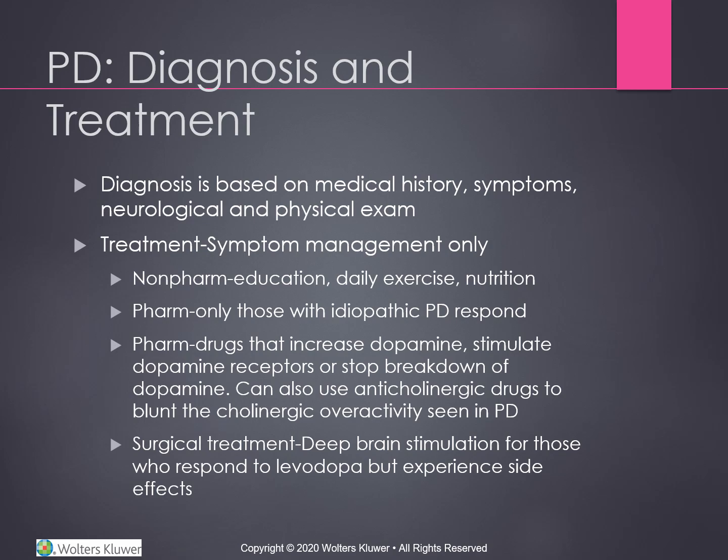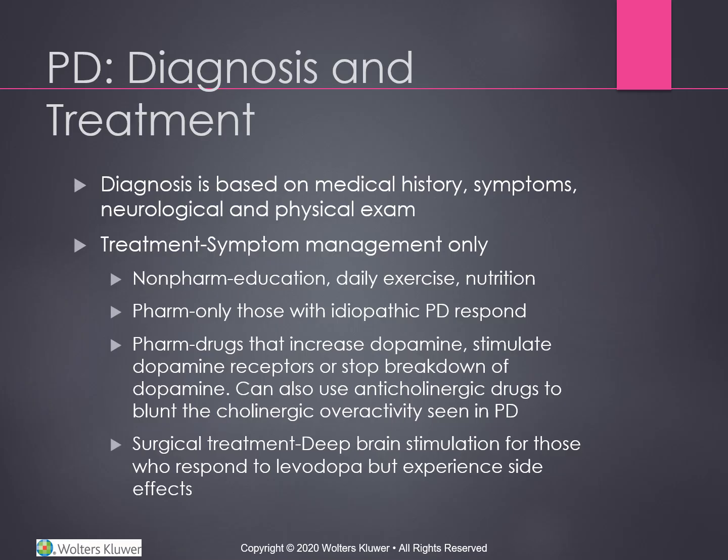So we have drugs that will increase the overall levels of dopamine in the body. We also have drugs that will stimulate dopamine receptors directly. And we have drugs that stop the breakdown of dopamine at that neuromuscular junction or synapse. And so that dopamine can hang around there at the synapse longer and exert its effect.